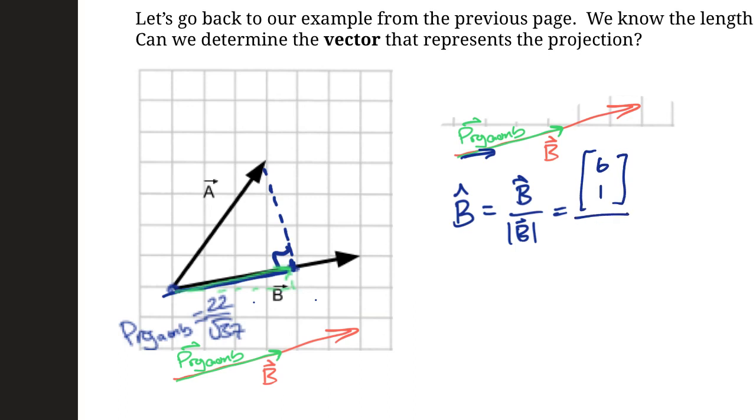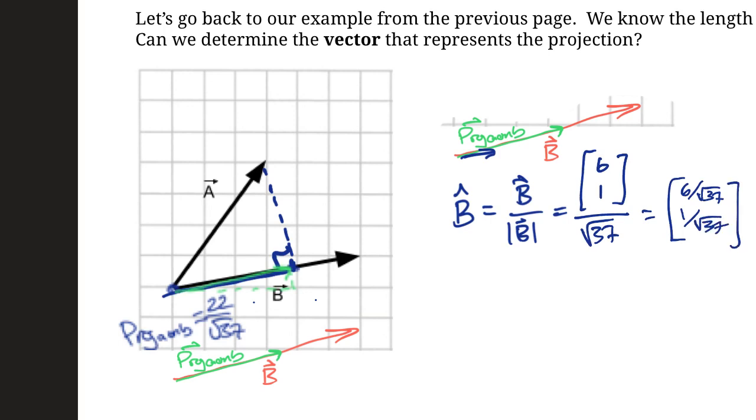And we're going to divide by the magnitude. The magnitude is going to be root 37, right? Because it's 6 squared plus 1 squared, and take the square root of that, which is root 37. So the unit vector in the direction of B, we can just divide each of those terms by root 37. So it's going to be 6 over root 37 and 1 over root 37.